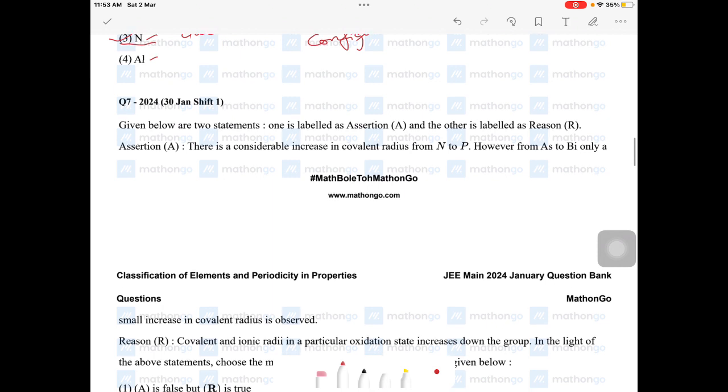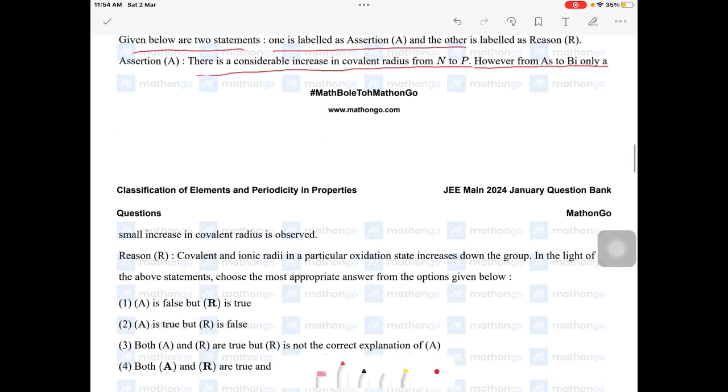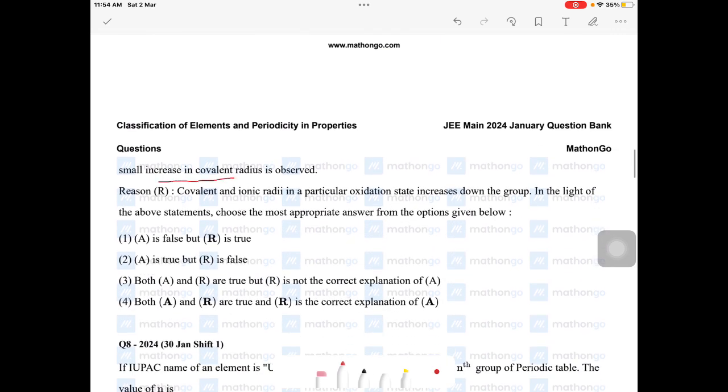Next, 7th question, 30th January shift 1. Given below are two statements, one is labeled as assertion and the other reason. There is considerable increase in covalent radius from nitrogen to phosphorus. However, from arsenic to bismuth only a small increase in covalent radius is observed. Covalent and ionic radius in a particular oxidation state increases down the group.